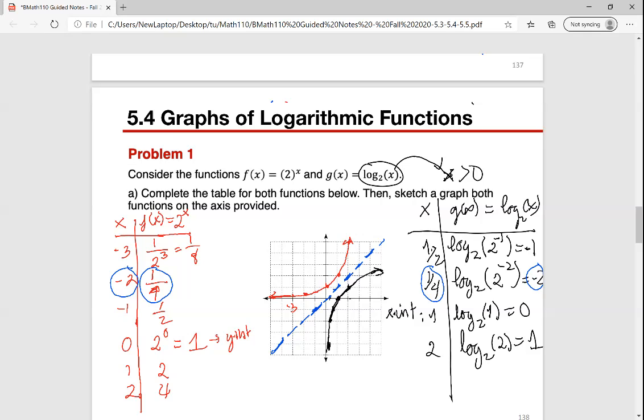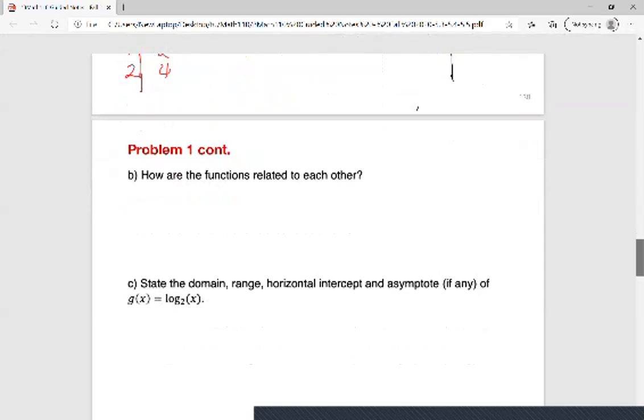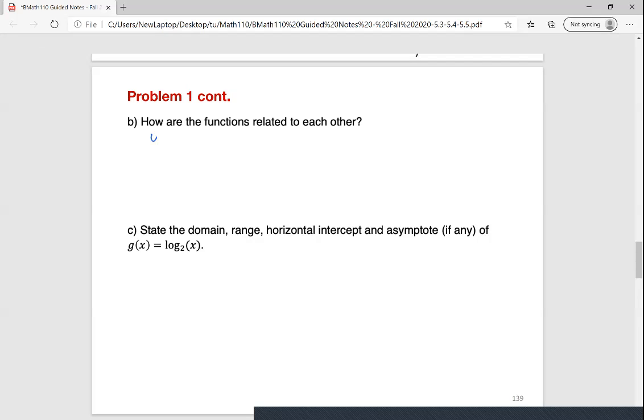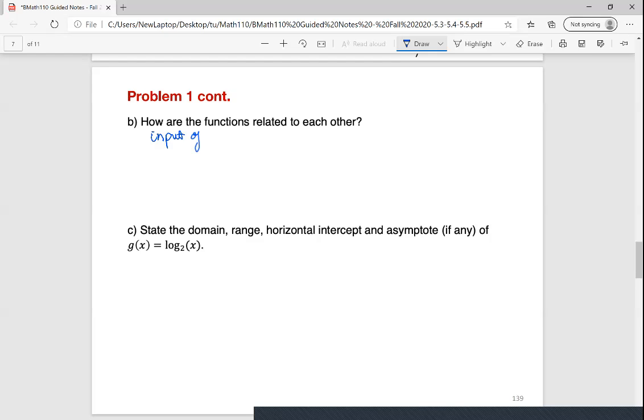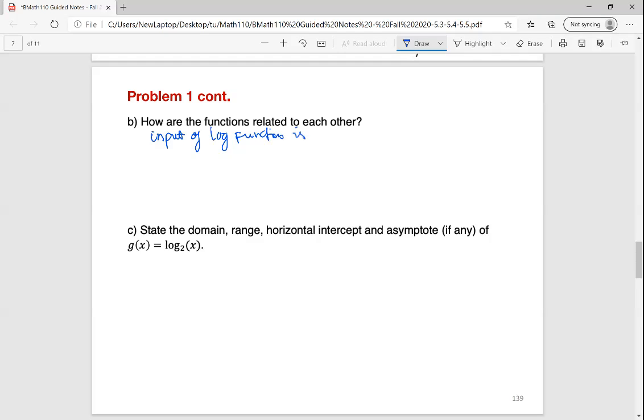So let me write down here that the input of the log function is the output of the exponential function.